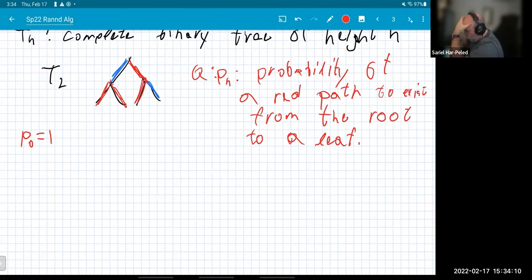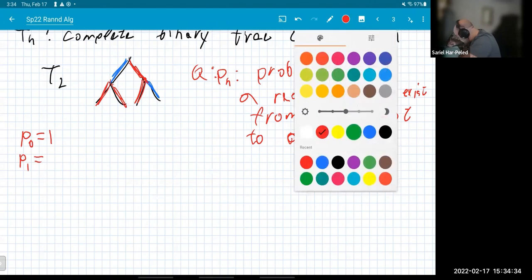P0 is 1, right? Tree of height 0. The probability is, of course, 1, since there are no edges. The root is its own leaf, so there is always a path. It's an empty path, but empty is a valid path. P1, well, we are dealing here with the tree of height 1.